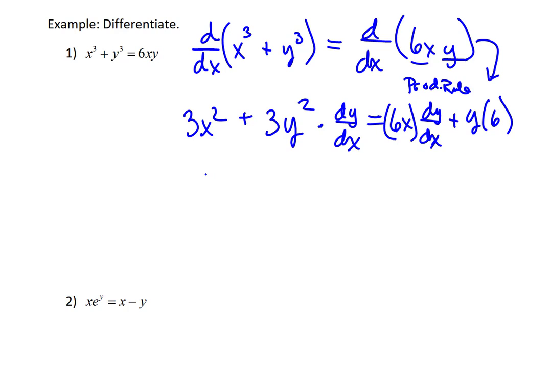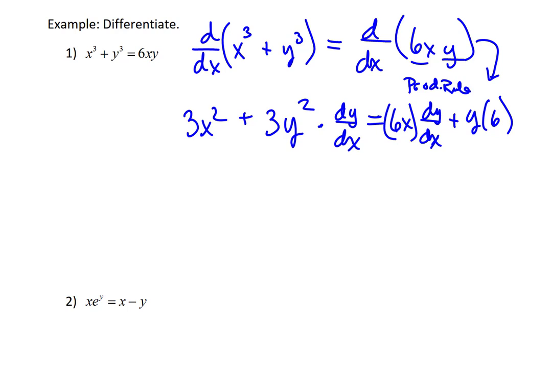Now, how do you finish a problem like this is a fair question. Well, if we wanted to find the derivative of this original function, then really dy over dx represents that derivative, which means now after going through and applying all the implicit differentiation, we now want to solve for dy dx.